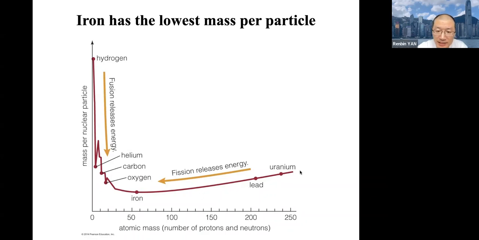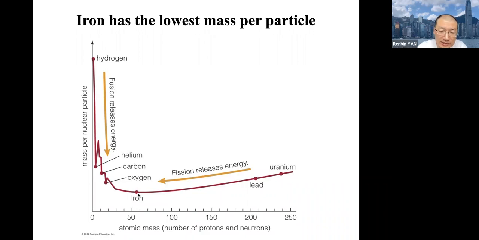And all the elements that are heavier than iron can release energy through nuclear fission. What is nuclear fission? It means a heavier nucleus breaks into multiple smaller nuclei. And in that process, they will also reduce the mass per particle, so they can also release energy through that process.